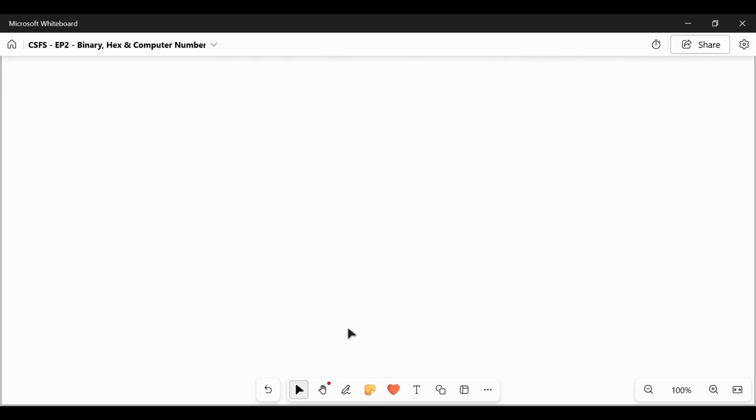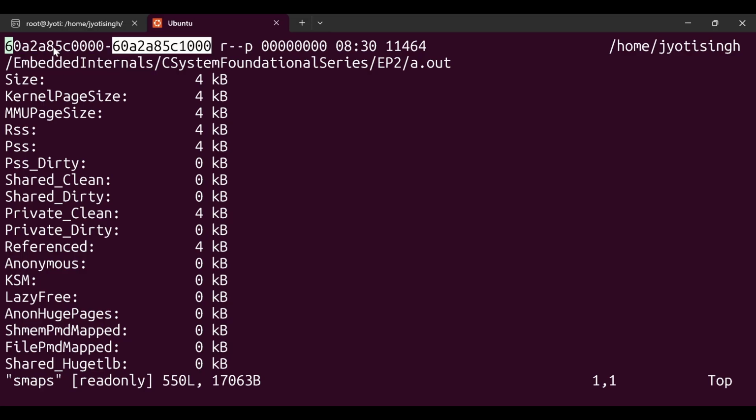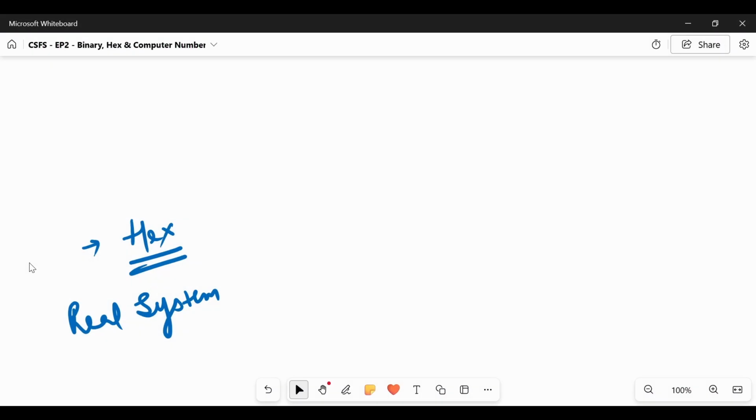Okay. Where is hex actually used? All the memories are mapped in hexadecimal format. So mostly in real systems, data and memory addresses are represented in hexadecimal format only. Similarly, if you look at debuggers and packet analyzers, they are all in hexadecimal format. In Wireshark, we can see hex codes.